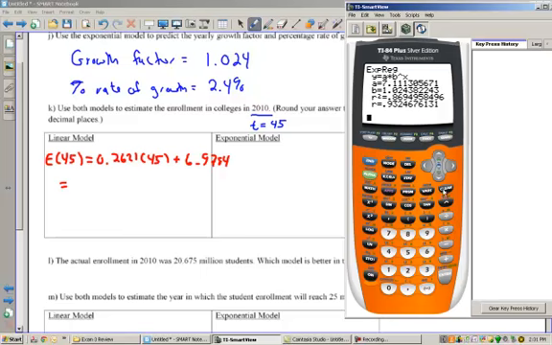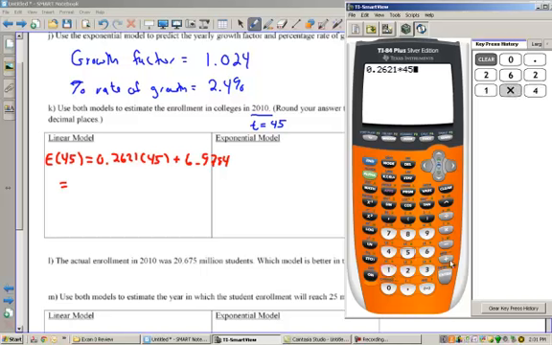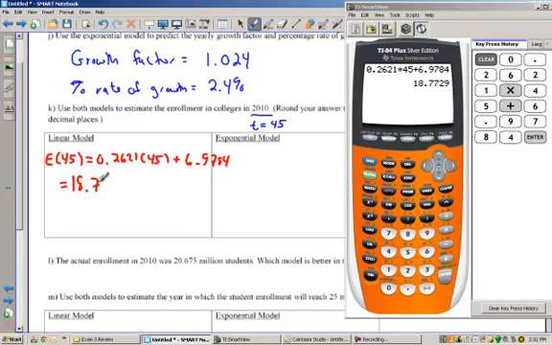So I take 0.2621 times 45 plus 6.9784, and I get my answer of 18.7729 million students. So there's my first one.